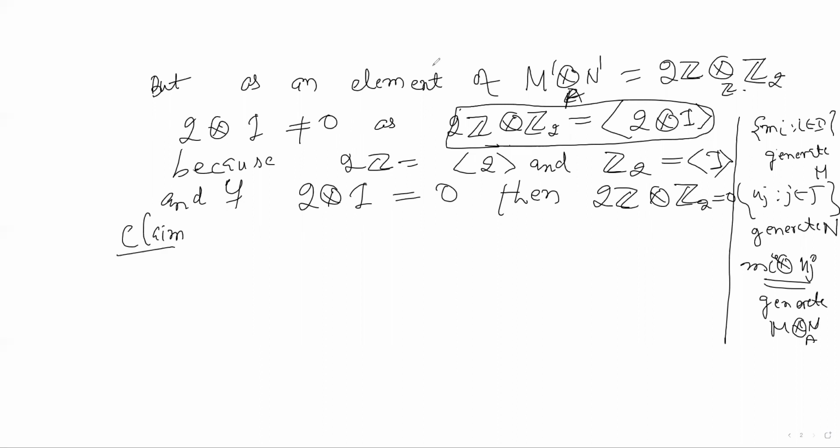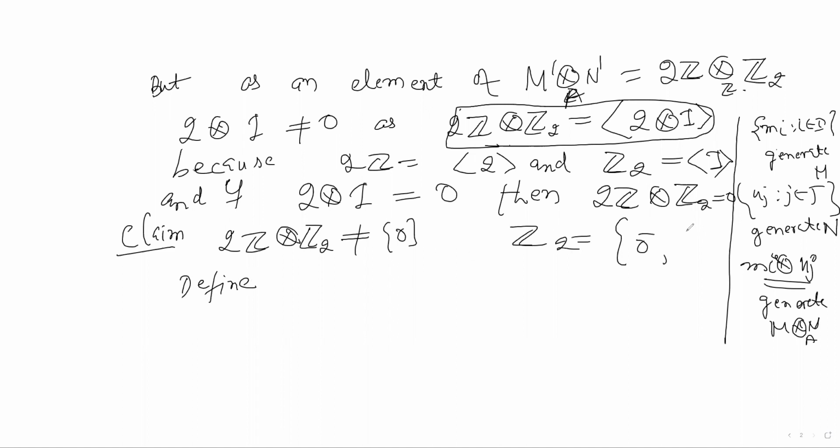So we claim that this module 2Z tensor product Z2 is not equal to 0. For this to be non-zero, you define, now Z2, we know Z2 has only two elements, 0 bar and 1 bar.